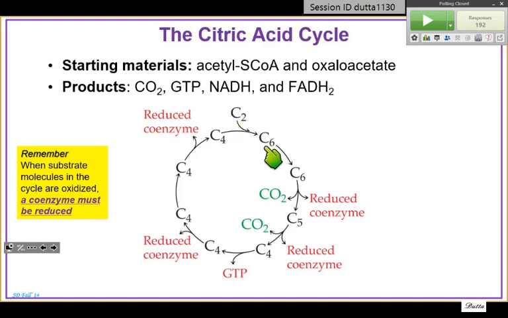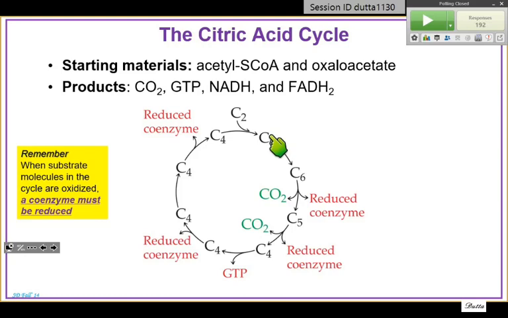So step number 3 is the most important step that can be turned off or on by an enzyme that is called isocitrate dehydrogenase, which I'm going to show you in the next slide. You are going to see a question like, what is the first step in the citric acid cycle? So, formation of citric acid.